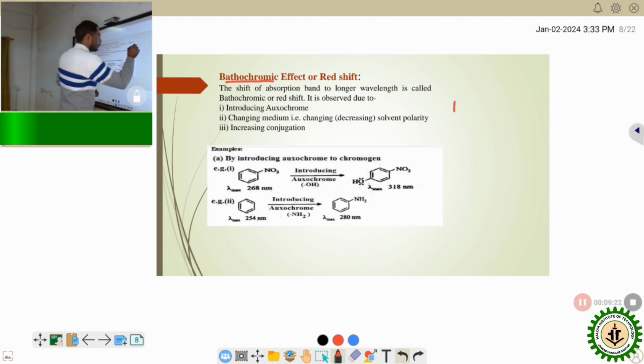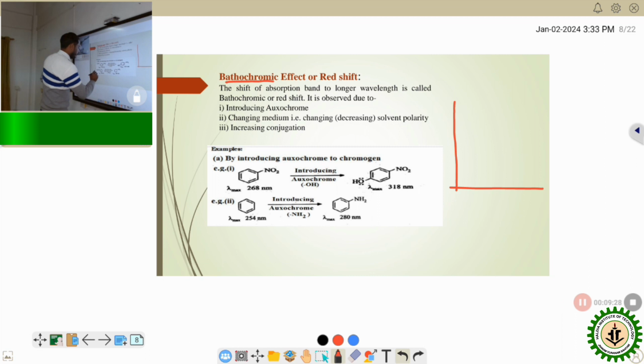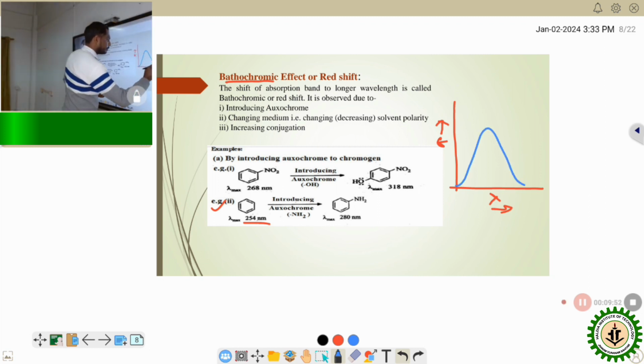Now, if we consider benzene, it absorbs at 254 nanometer. Here this axis is wavelength lambda and this is absorbance. In the case of benzene, the absorbance maximum is at 254 nanometer.